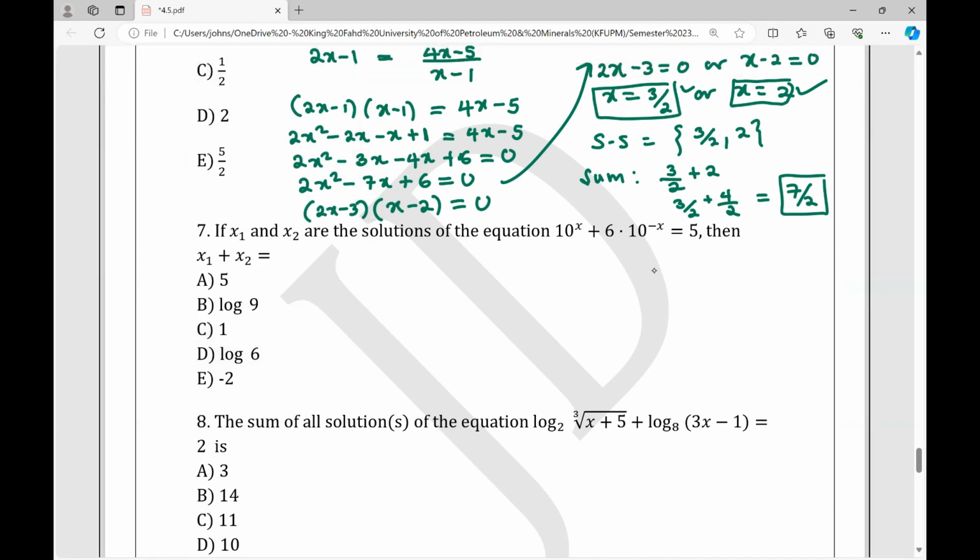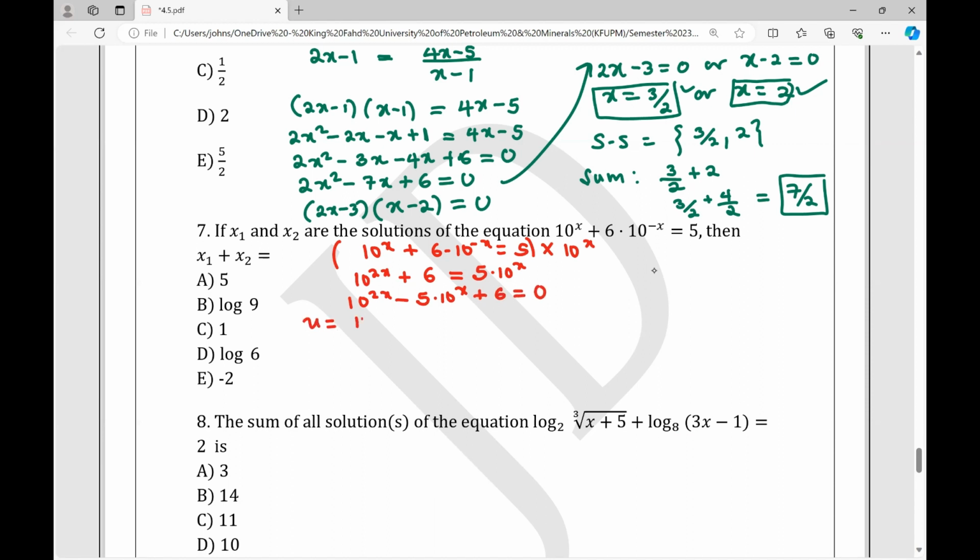The same way here, we can just multiply both sides by 10 to the power x, so that you have 10 to the power 2x plus 6 equals 5 times 10 to the power x. And now you can rewrite it as 10 to the power 2x minus 5 times 10 to the power x plus 6 equals 0.